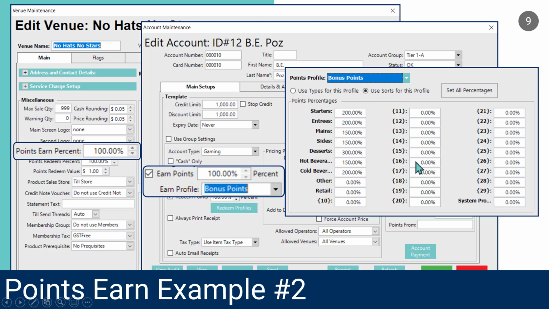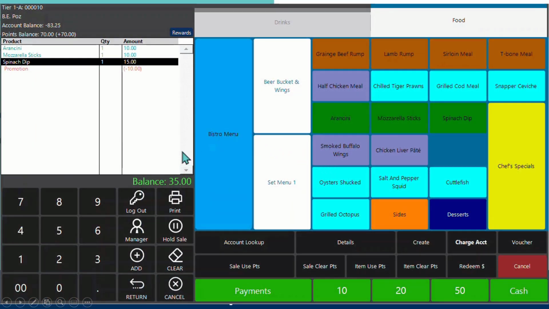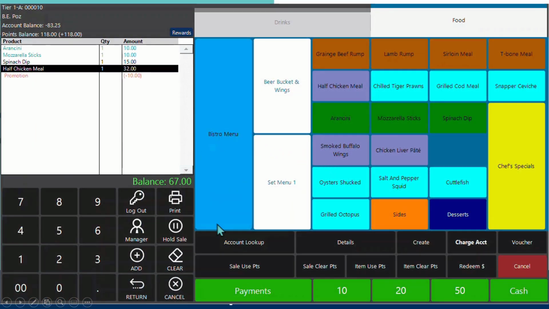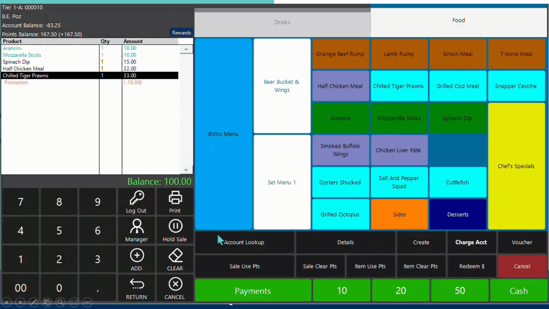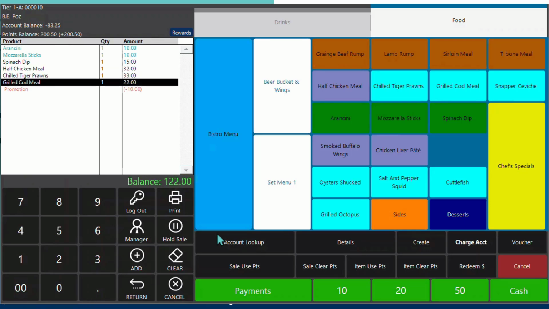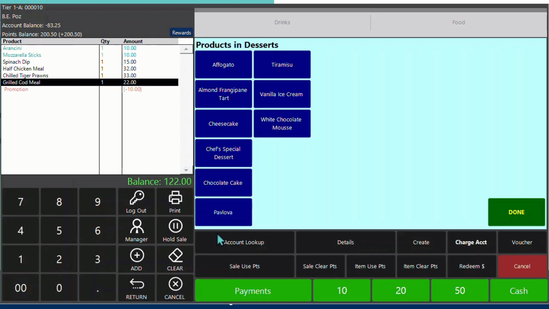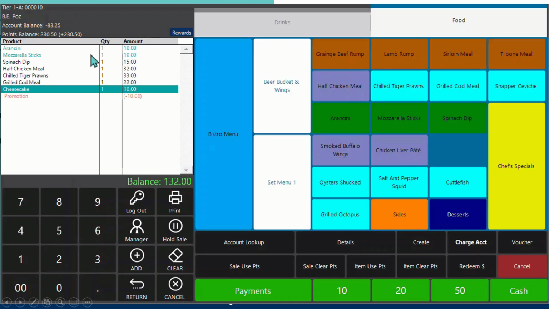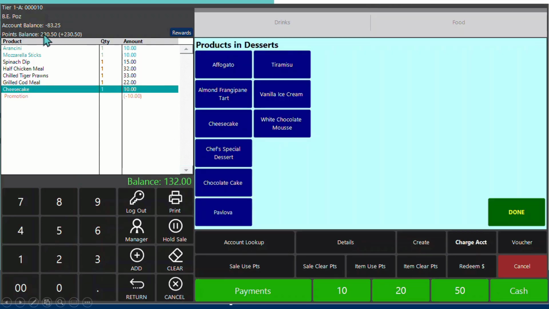So some of them are set to 0, some of them are as high as 300%, with some variances in there as well. So as I bring up a little GIF that'll play here, notice that as products are rung up in this transaction, different products that are added to the transaction, just notice the points that are being accrued up here.